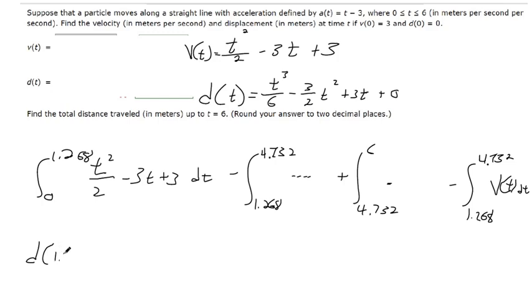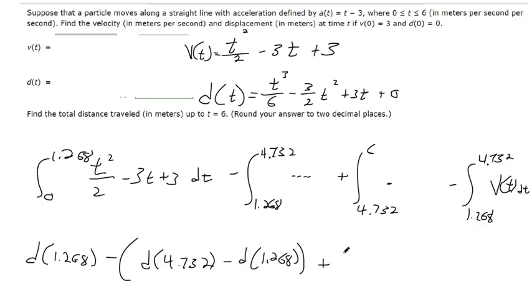D of 1.268. Then we want to subtract D of 4.732 minus D of 1.268, and plus D of 6 minus D of 4.732.